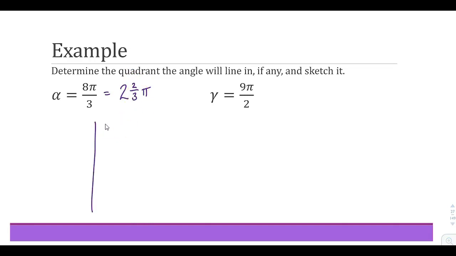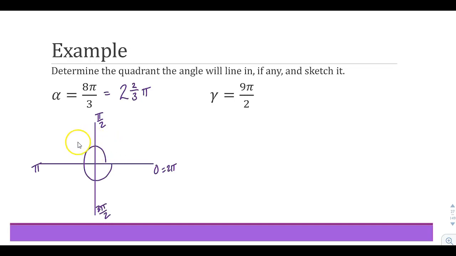So if I go ahead and sketch this angle, I'm going to once again label my quadrantal angles, and I know that I go all the way around, that's 2 pi, so there I am so far, and then I have to go 2/3 of the way. So remember, this is 1 pi, so I want to break this top part down into equal thirds.